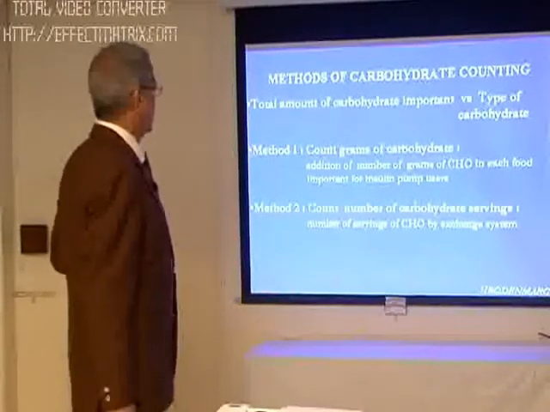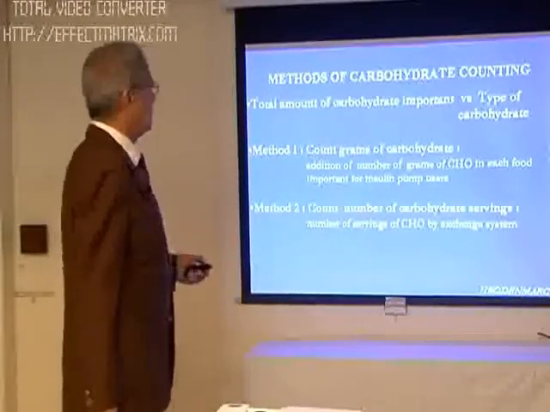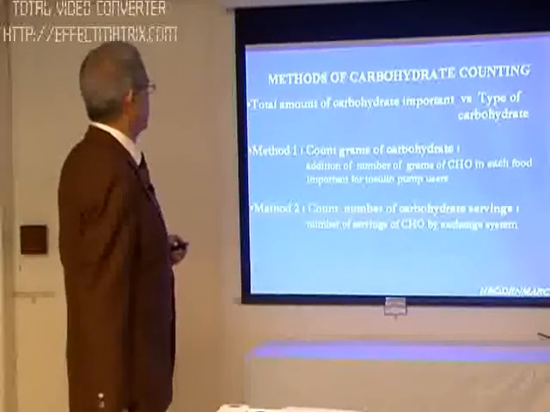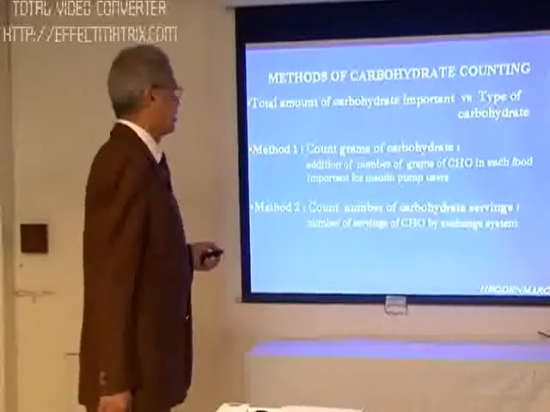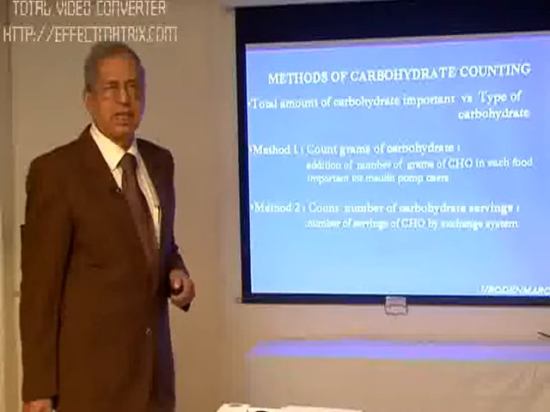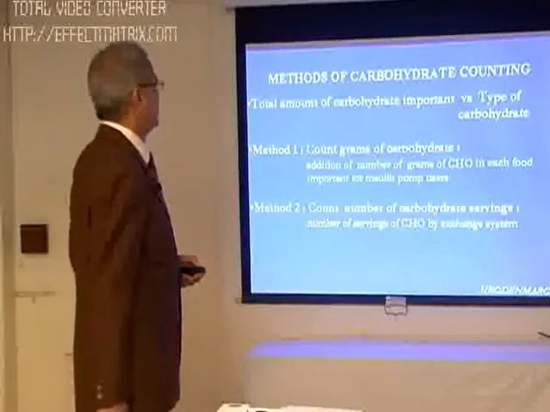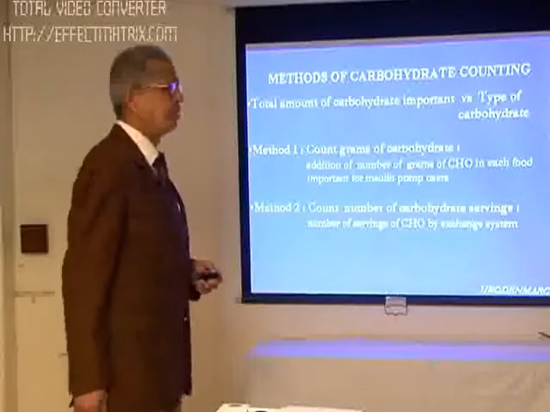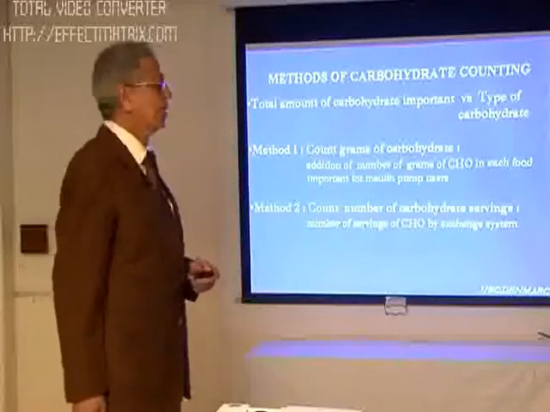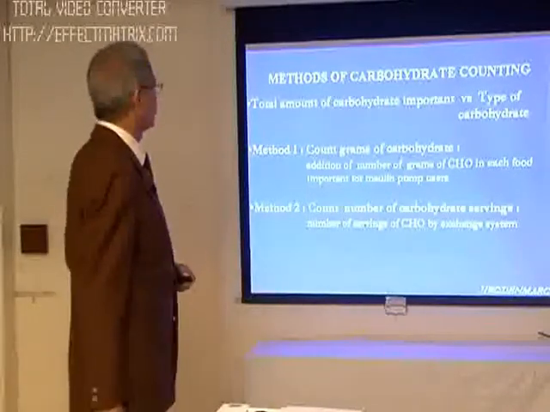We find that this is easier to use and is reasonably accurate, but the gram counting tends to get more accurate but is slightly more complex, and the patient has to carry with him, or after some time almost memorize, some of the common foods and their carbohydrate content.